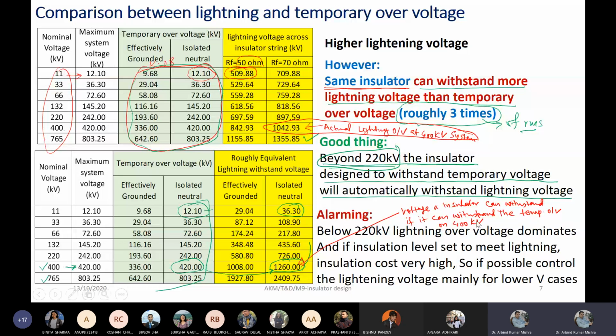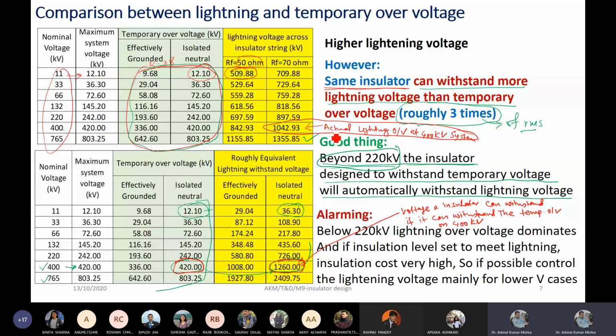So what does it mean? That if we design an insulator which can withstand 420 kilovolt of temporary voltage, it has the capability to withstand the lightning over voltage up to this value.